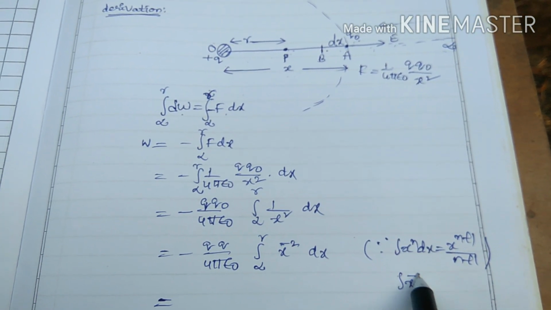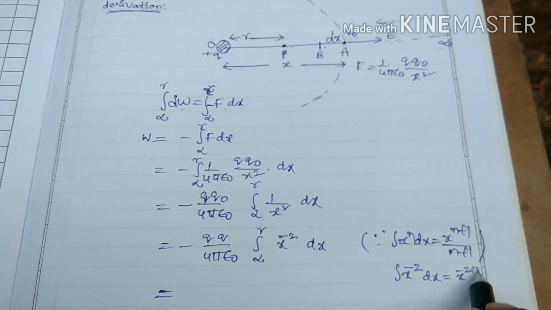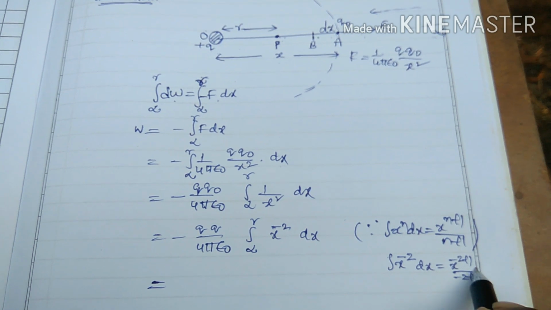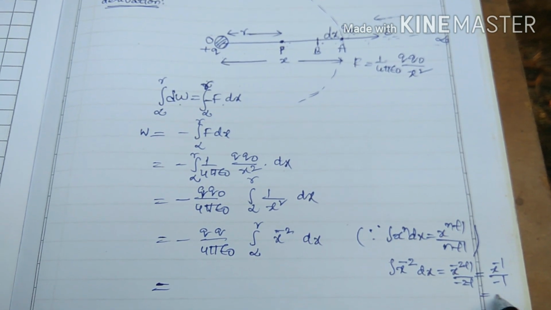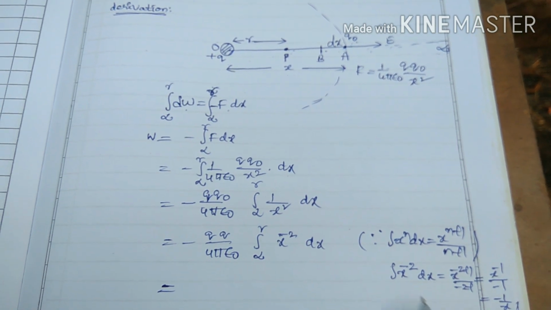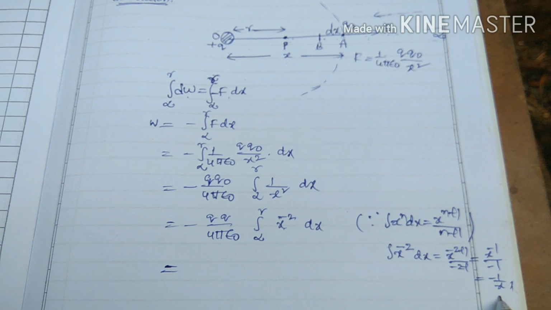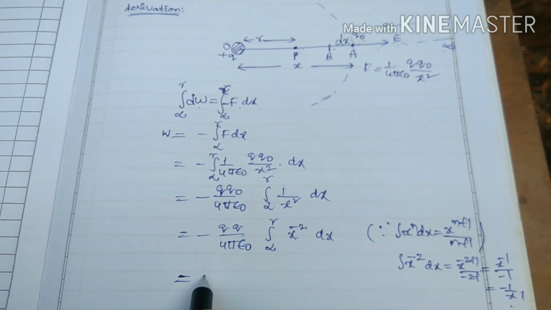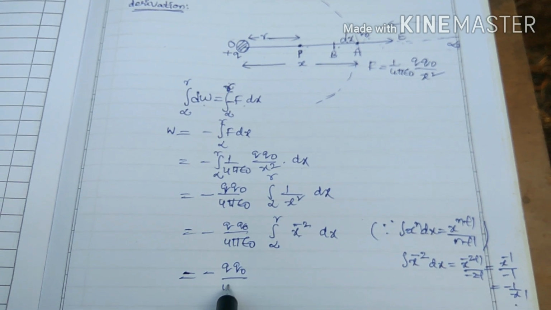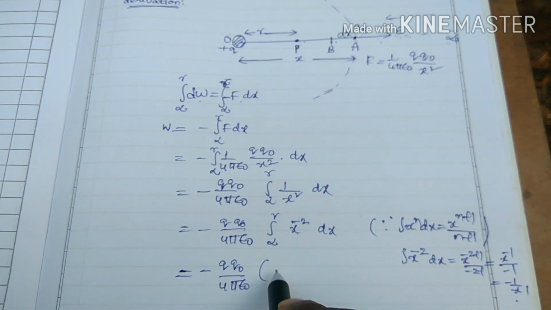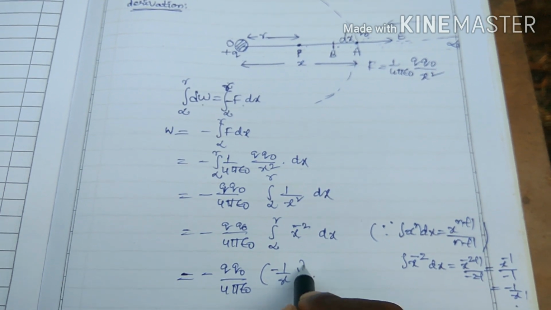So x to the power minus 2 dx becomes x to the power minus 2 plus 1 by minus 2 plus 1, which is x to the power minus 1 by minus 1, equal to minus 1 by x. Therefore the integral of x to the power minus 2 dx gives minus 1 by x, so it is minus Q Q naught by 4 pi epsilon naught times minus 1 by x from infinity to r.